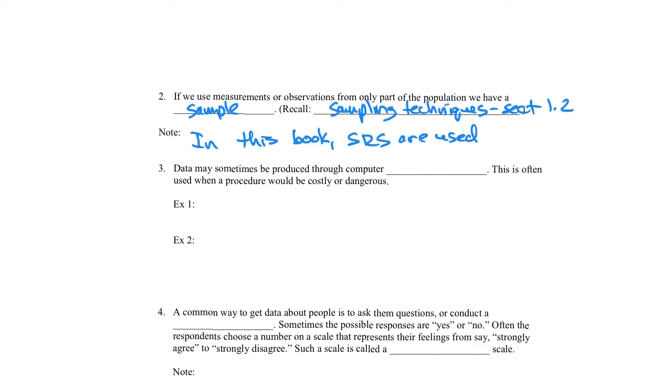Another thing that can happen is data may be produced through computer simulation. This is often used when a procedure would be costly or dangerous. So as an example, if you wanted to consider the effects of nuclear radiation, well, there were experiments with nuclear radiation starting in the 1940s, but now we have very good computer models.